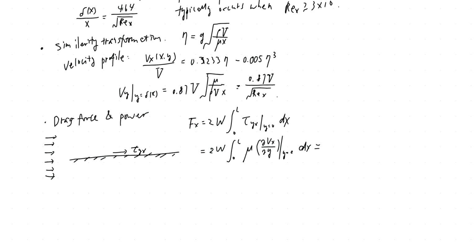It gives you 1.293 times the square root of ρ μ L W² V³, where μ is viscosity, L is the total length of the plate if you have a finite length instead of infinite length, W is the width of the plate, and V is the incoming velocity. Everything is under the square root.